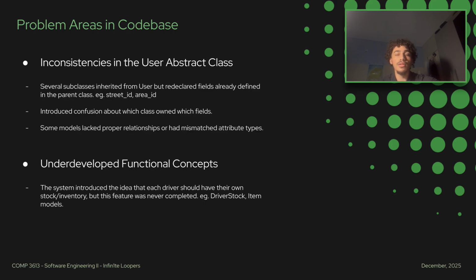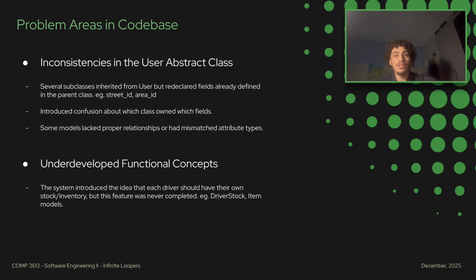There would be redundancies where fields like street ID and area ID would be inherited, and some of these fields would be declared or used directly at other places in the code base, and that wouldn't work best with refactoring other models.